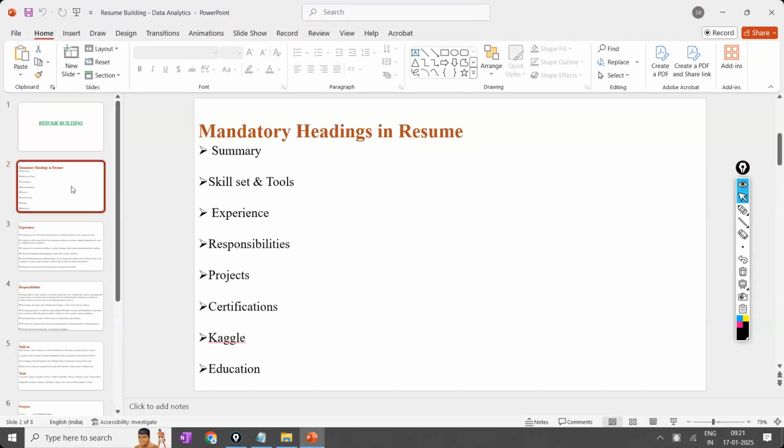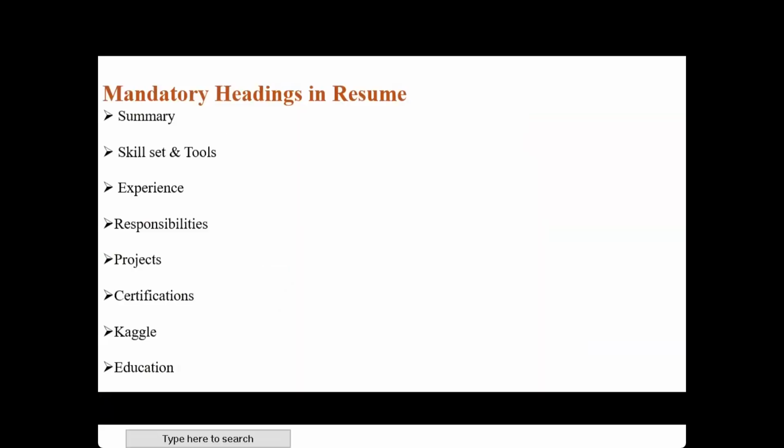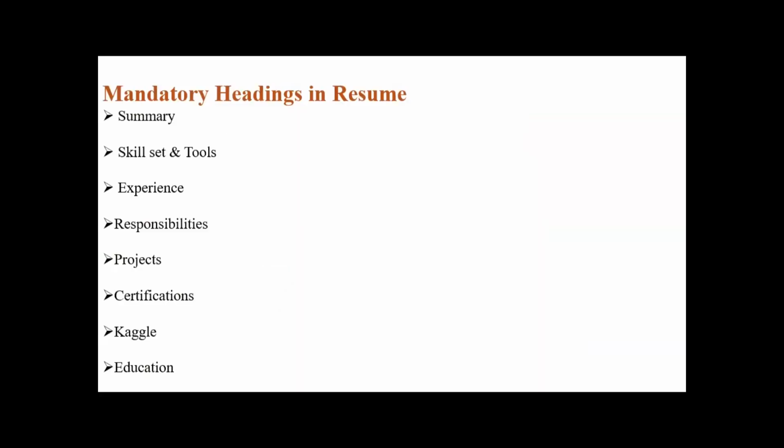In the resume building, what are the mandatory headings? First one is called summary. Compulsory. These are the headings which you have to keep in the resume. These are called mandatory headings.